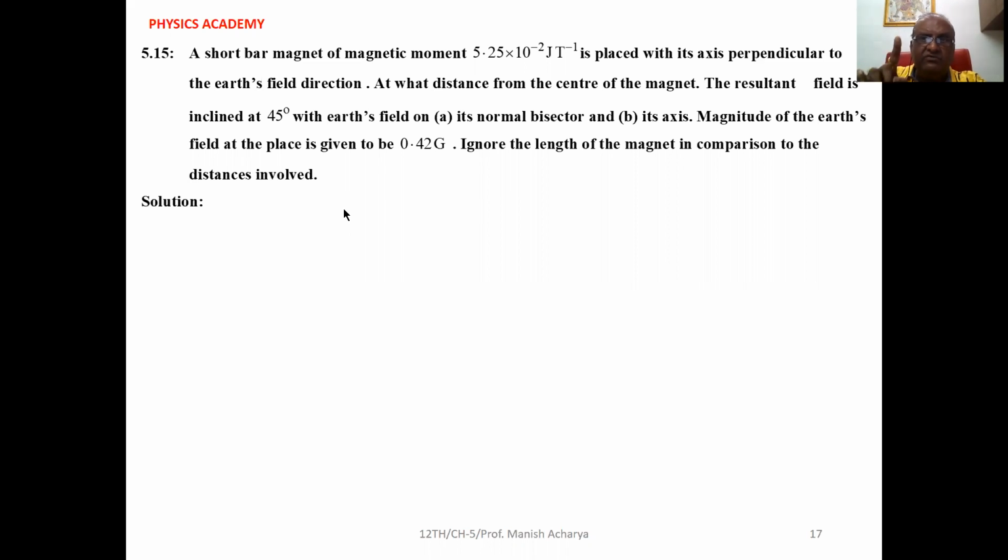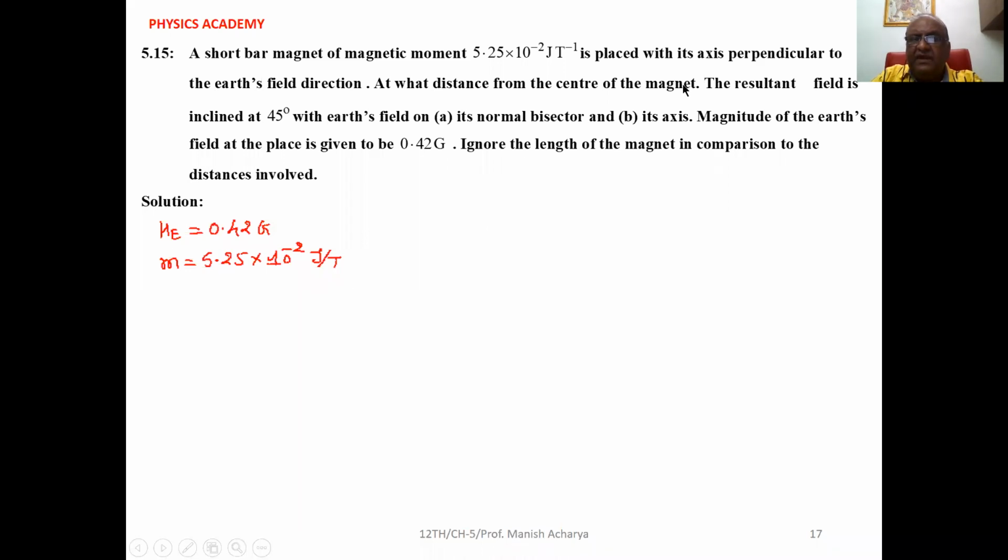First of all, you have to understand the question itself. The horizontal Earth's magnetic field that is given to you is 0.42 Gauss. The magnetic moment of the bar magnet is 5.25 into 10 raised to minus 2 joule per Tesla.